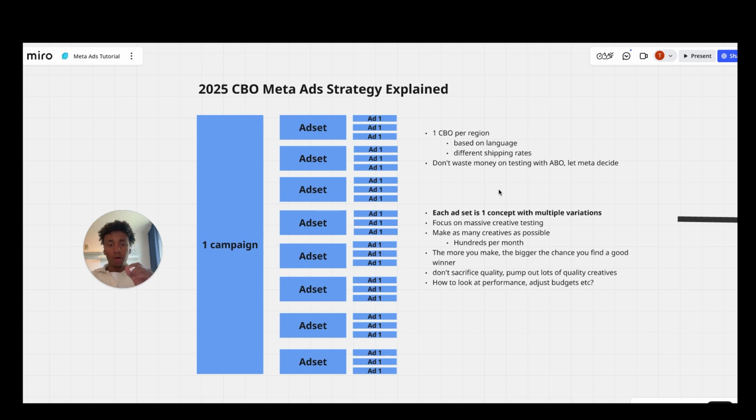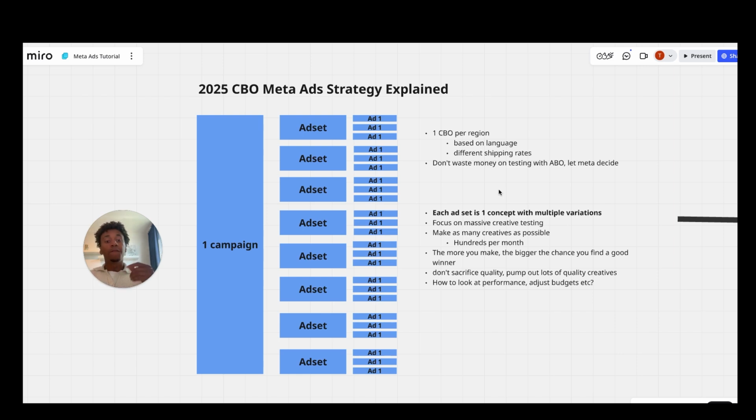Why this works so well is because with this method, you don't waste money on testing as you do with ABO. You basically let Meta decide what will happen and where your budget goes, because the algorithm is much smarter than you, and it doesn't need that much data to properly understand how well an ad will perform.